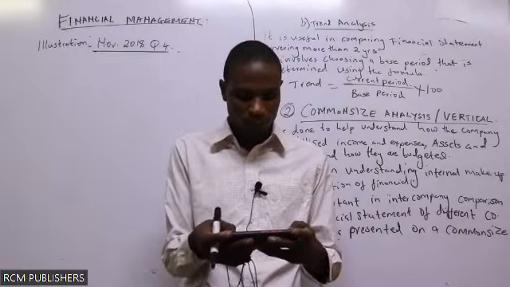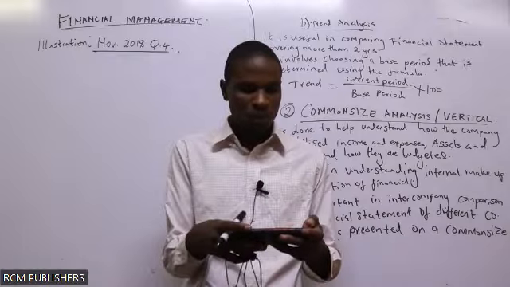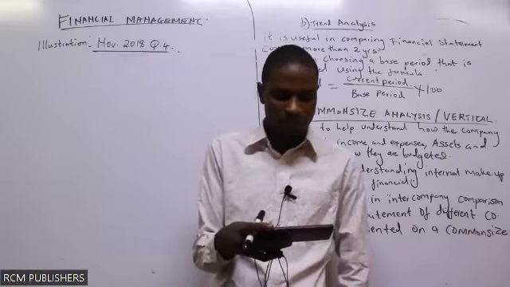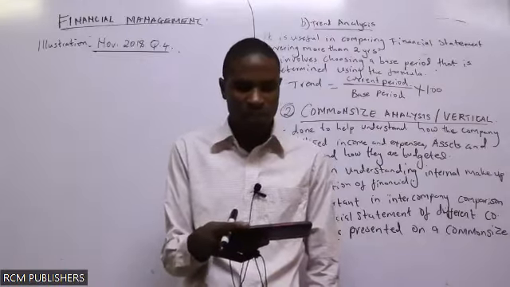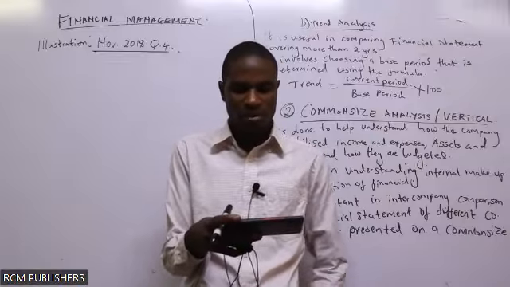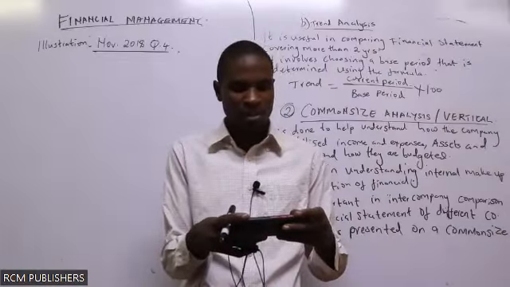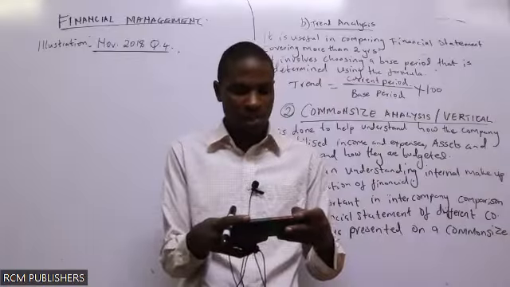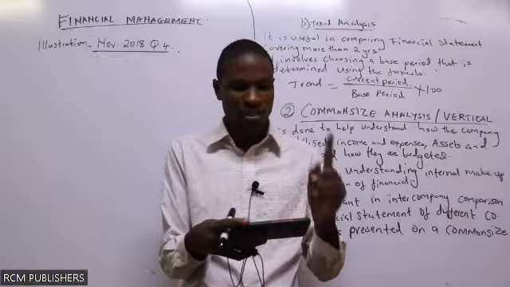So let's continue. Allow me to read the question, and then we see how to tackle this. Question 4, part A: the following are the financial statements for ABC Limited and XYZ Limited for the year ended 30th September 2018. We are given the income statement and the statement of financial position as at that date.